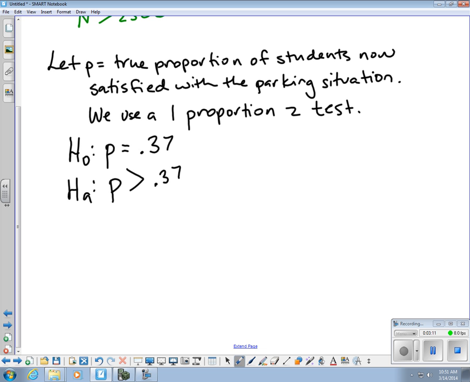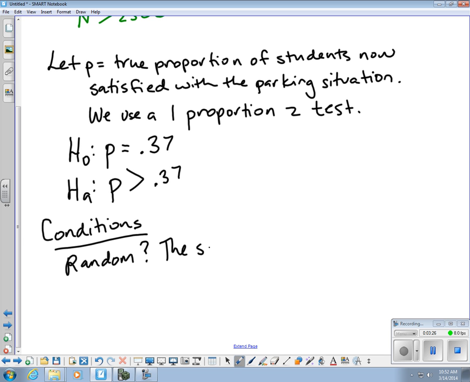All right, now conditions. Random. We know it was a random sample because of the SRS. Remember, it's not enough to just put a check mark next to your condition. You have to explain why it's true or how you know.